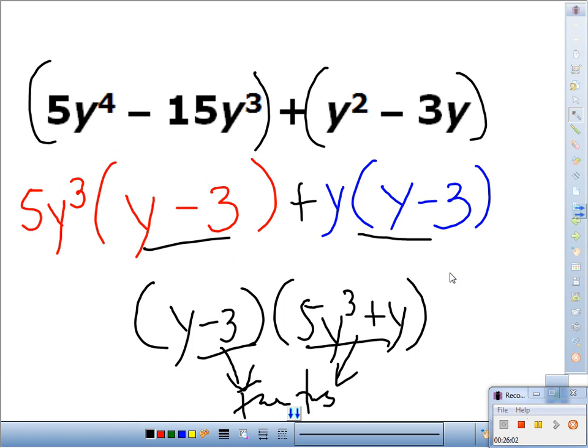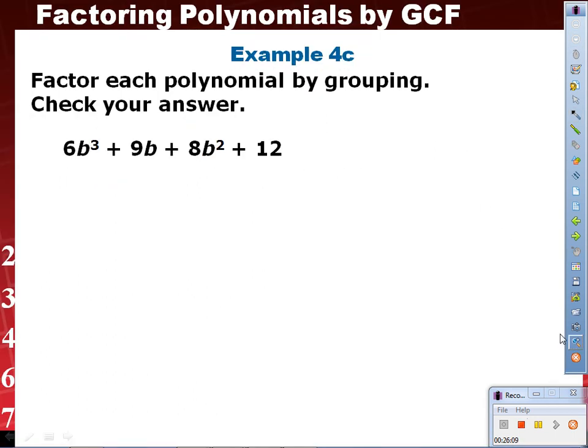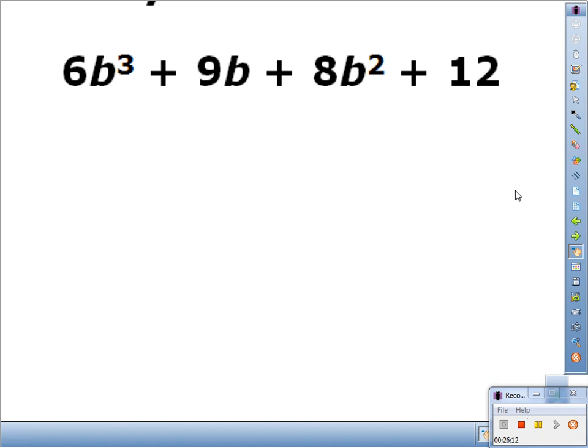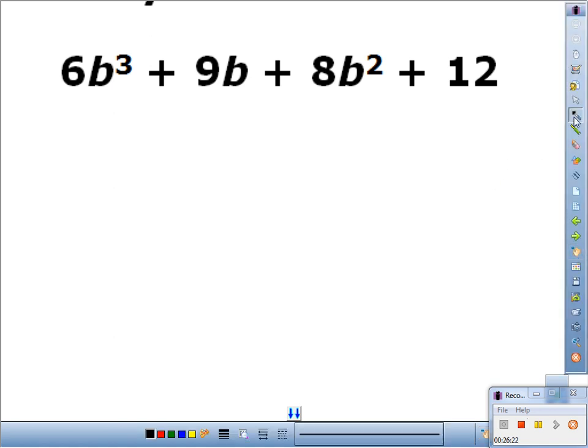Show me how comfortable we are with these. Okay, last one. Here we go. Copy this one. 6b cubed plus 9b plus 8b to the second plus 12. As you're copying it down, tell your neighbor what you're doing first.